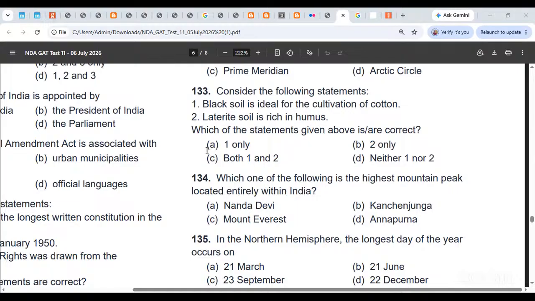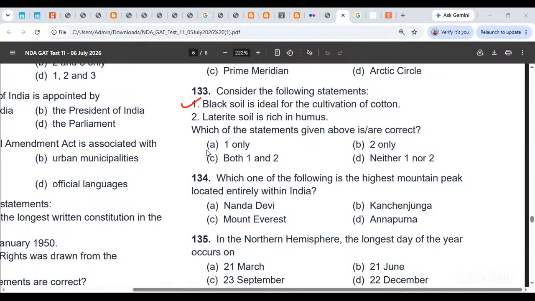When it is dry, it can form cracks, so it is well aerated. When it is wet, it becomes sticky, and that is also considered good. So it is generally considered a very good soil for cultivation of cotton. So that is black soil for you. So this statement is absolutely correct.